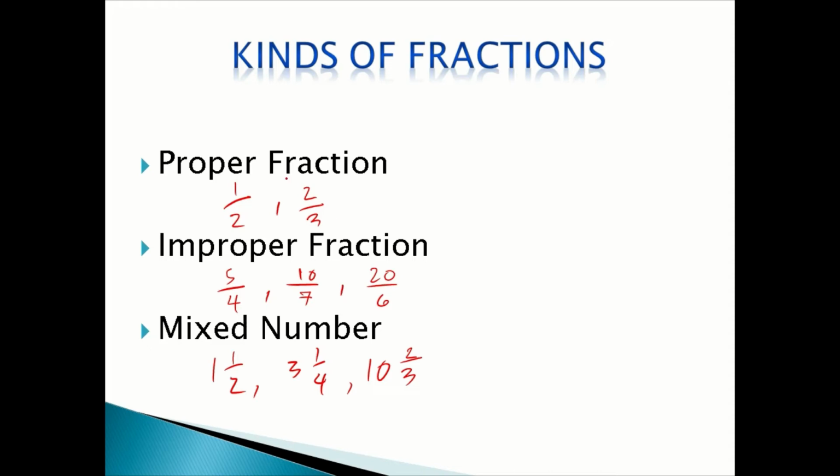By definition, looking at our examples, a proper fraction is a fraction whose numerator is less than the denominator. We're talking about the value. The value of our numerator here is less than the denominator. Look at our example again: 1 is less than 2, and 2 is less than 3. That's how we define it. For improper, this is the opposite way.